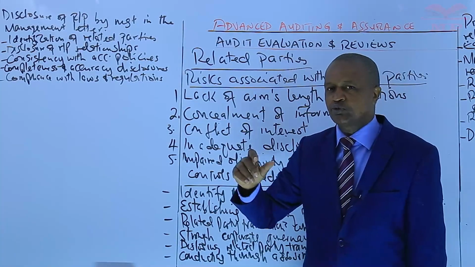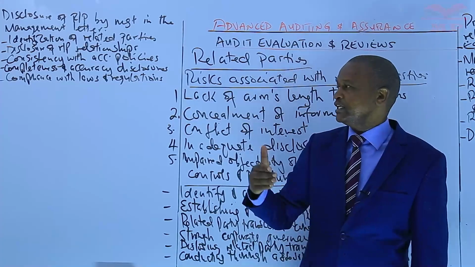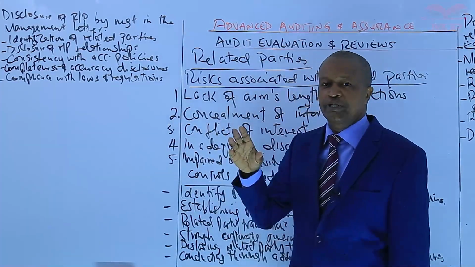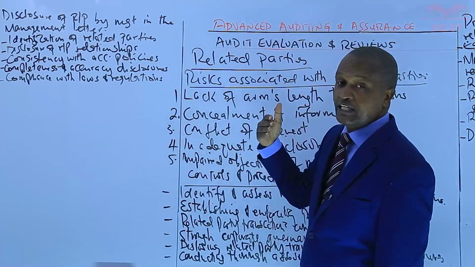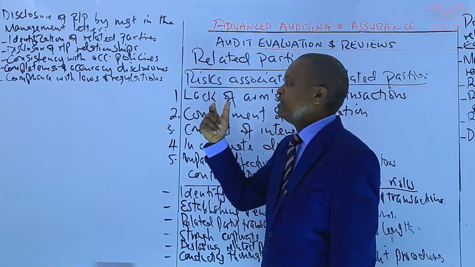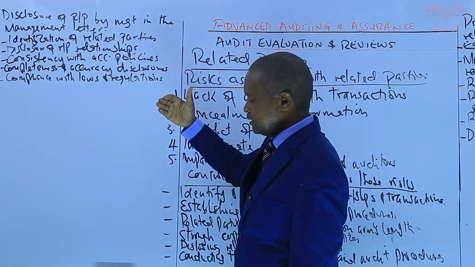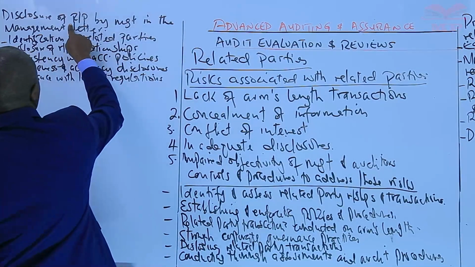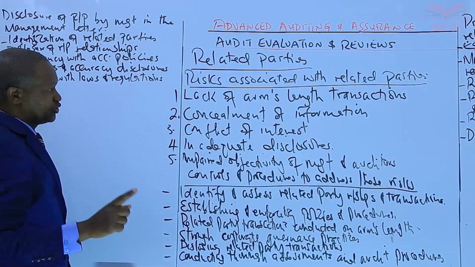And that helps to provide assurance to the auditors regarding the accuracy and the completeness of the related party transactions and relationships in the financial statements. So that is disclosures of related parties by management in the management representation letter.